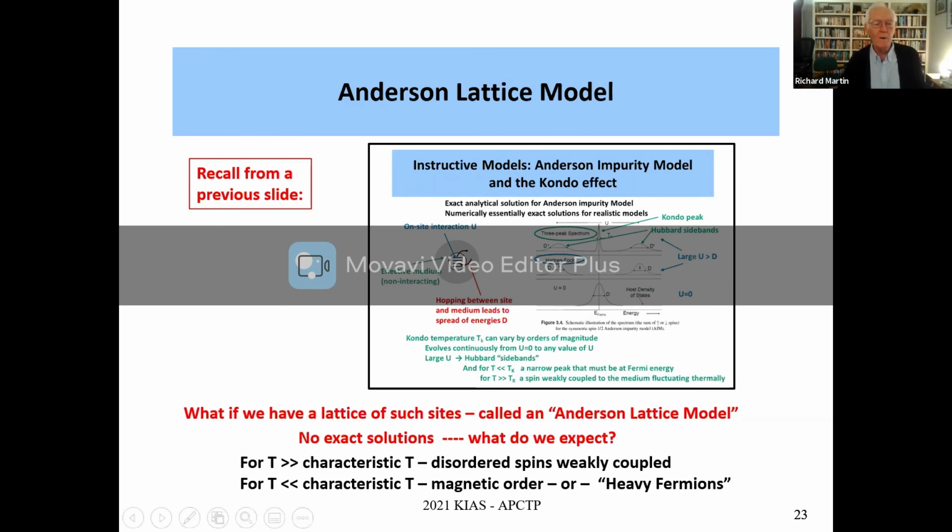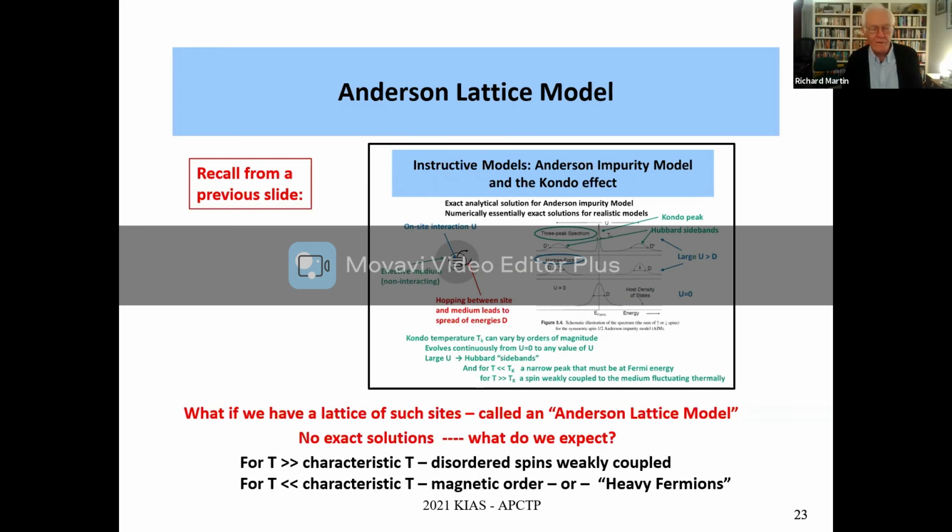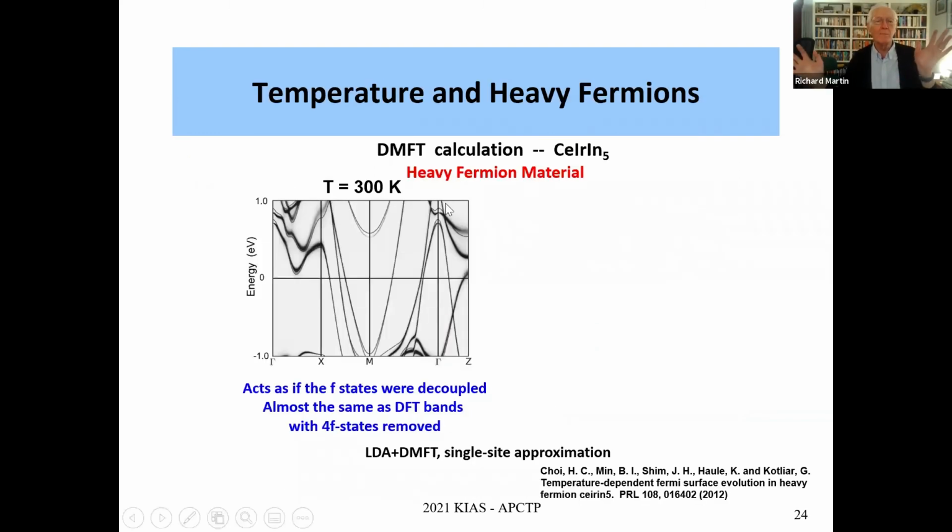But if we go down to low enough temperature, then the electrons on the sites of the lattice will start interacting with each other, and they will do something. They'll either form a magnetic order, or if they don't form order, then they will necessarily produce some kind of a very narrow band.